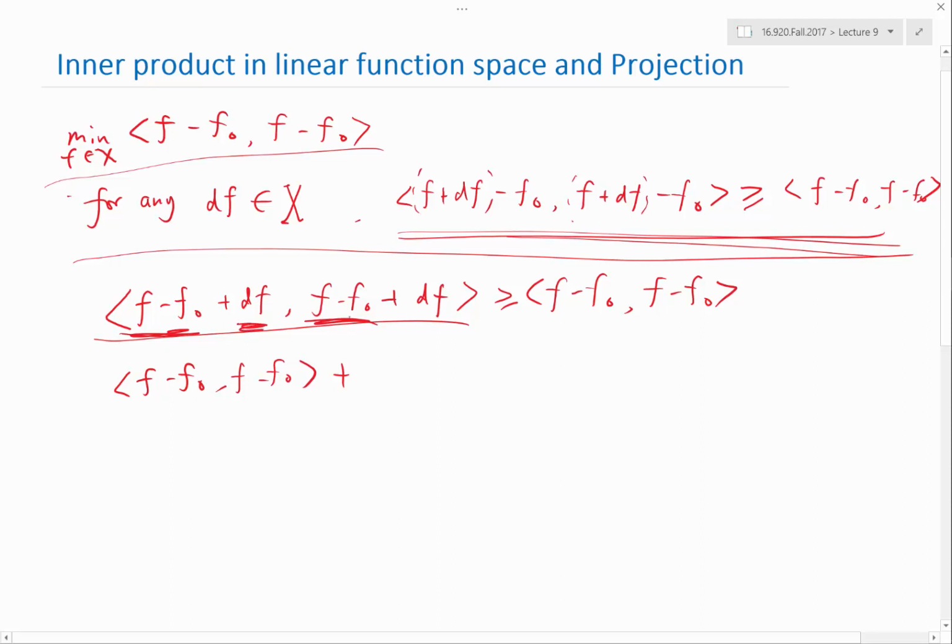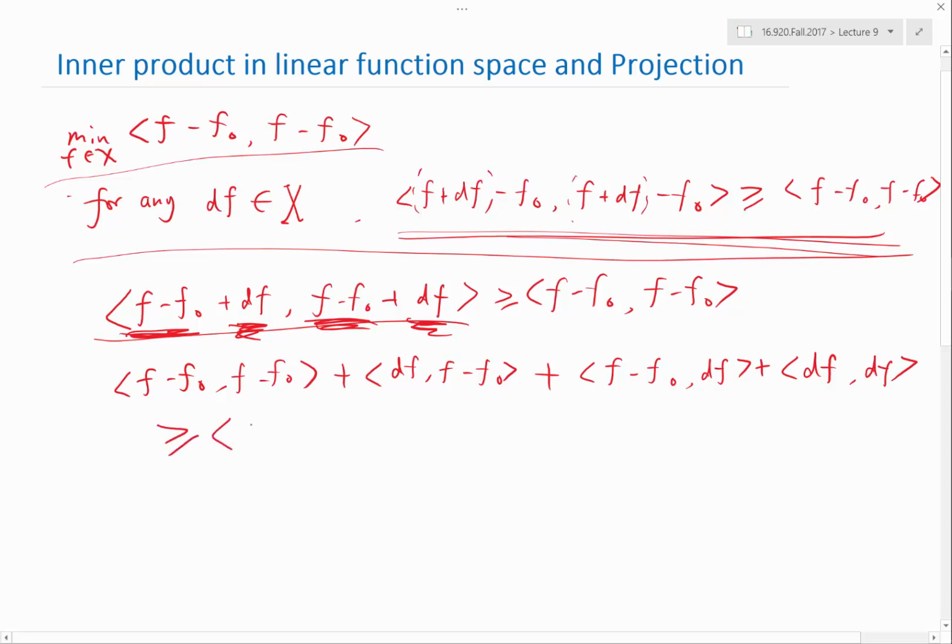I have this with this, then this with this: df, f minus f0. Then I have f minus f0, df, and lastly this with this. The same thing as if we have just exactly a product. This has to be greater than or equal to the first term in this expansion for any df.